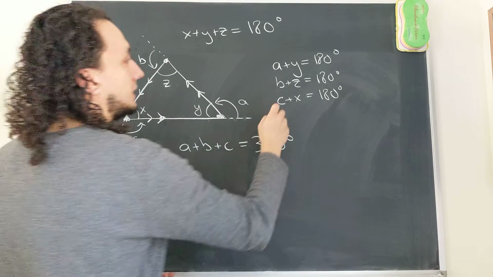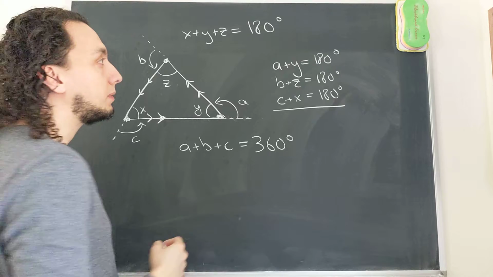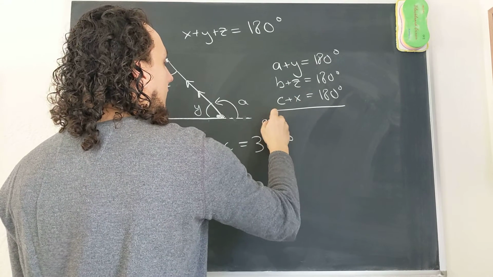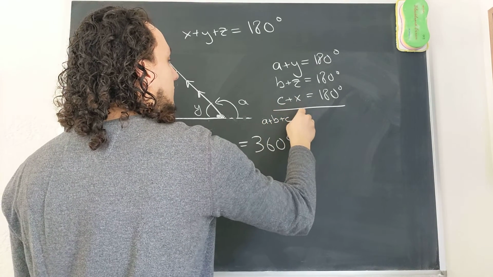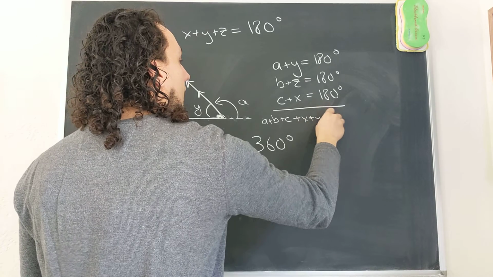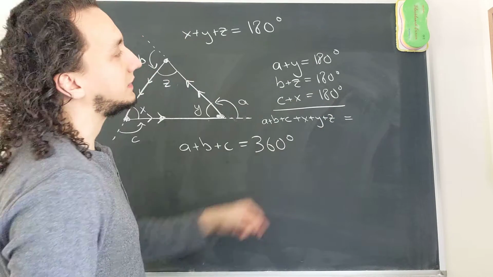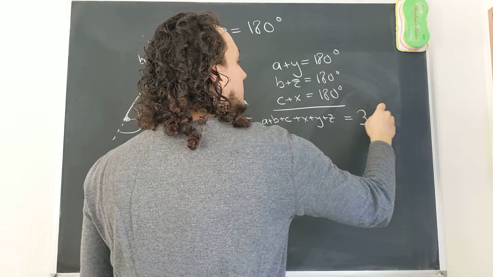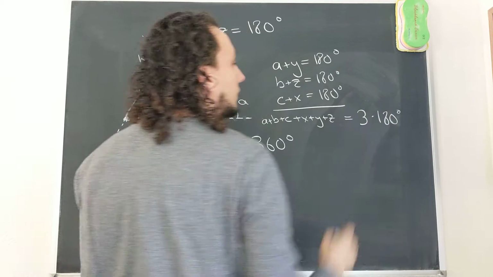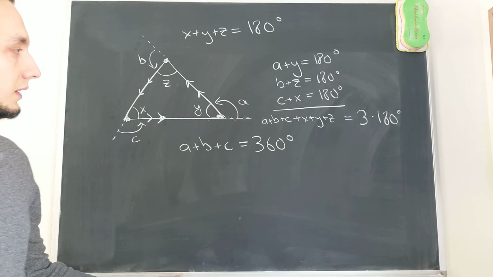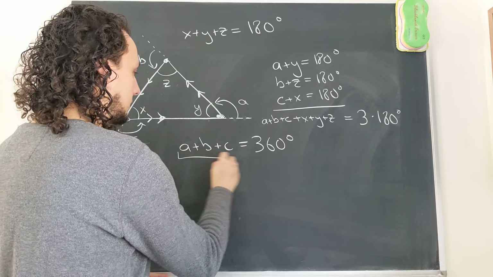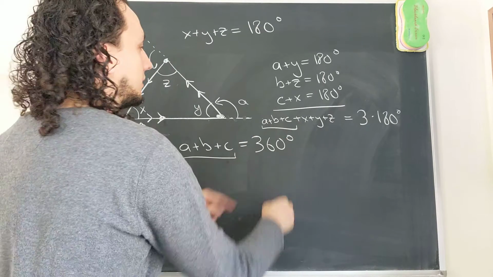And that's useful because if I add all these up, on the left-hand side I get A plus B plus C plus X plus Y plus Z, and on the right-hand side, I get 3 times 180 degrees. Okay, but I know what A plus B plus C is. It's 360 degrees.